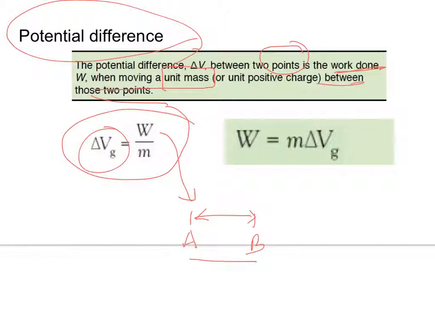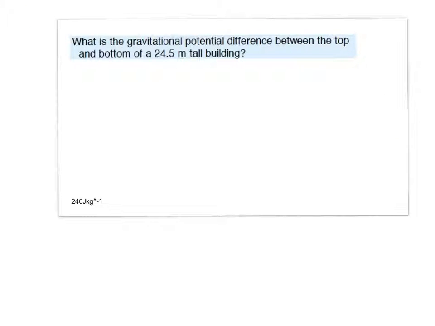Let's try another question that's like this. What is the gravitational potential difference between the top and bottom of a 24.5 meter tall building? Now for this question, I'm going to give you some hints.